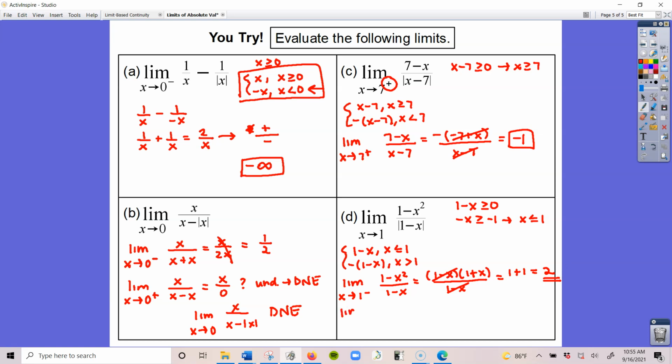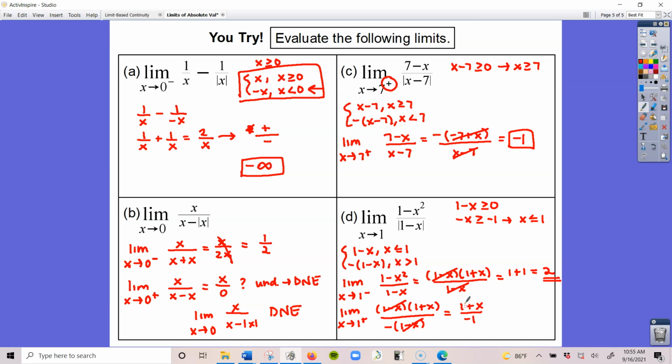Now let's do the right limit. So we still have the 1 minus x squared. I'm just going to already write it factored out. Over, and instead of 1 minus x, it would be negative 1 minus x. I can cancel these 1 minus x's, and I get 1 plus x over negative 1, which we can leave like this.